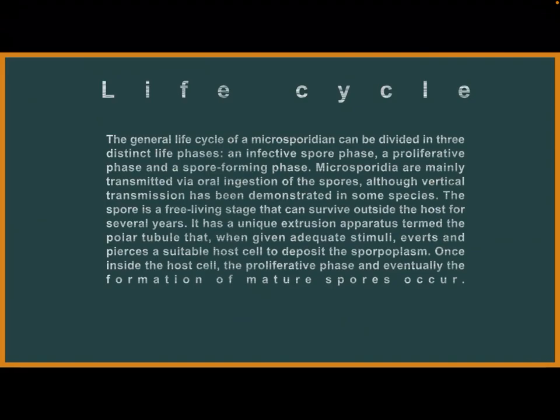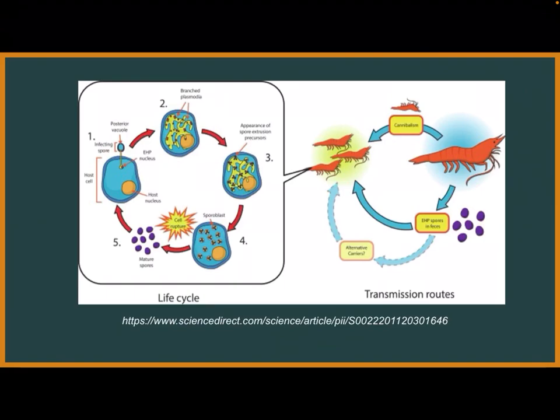Once inside of the host cell, the proliferative phase and eventually the formation of mature spores occur. Here is an example of a life cycle and its transmission routes from Science Direct.